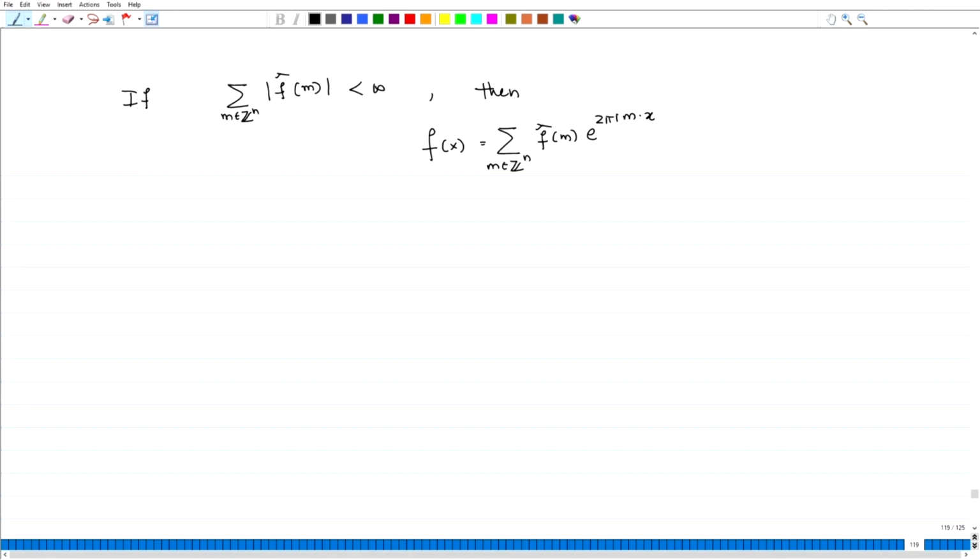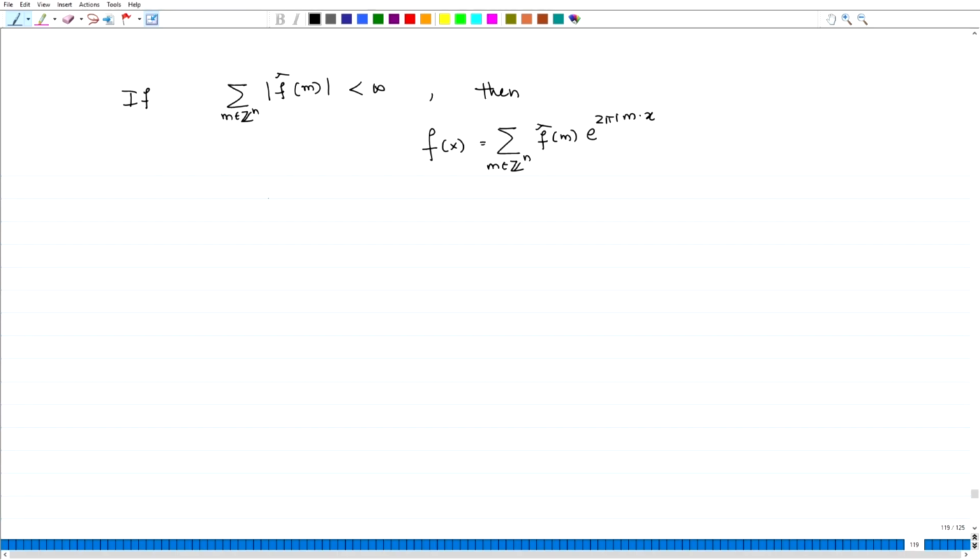Therefore, as the application of the Fejer theorem, this is what we will get, and this is the inversion formula for us if the summation of |f hat of m| is finite. If it is summable, then this happens.